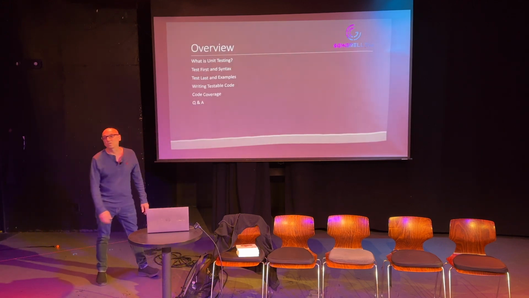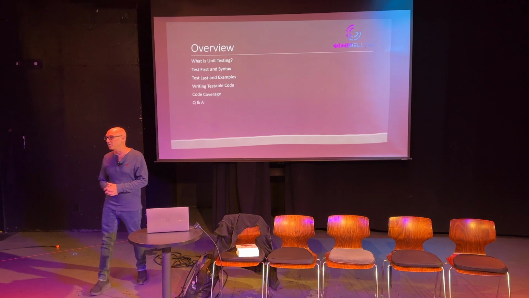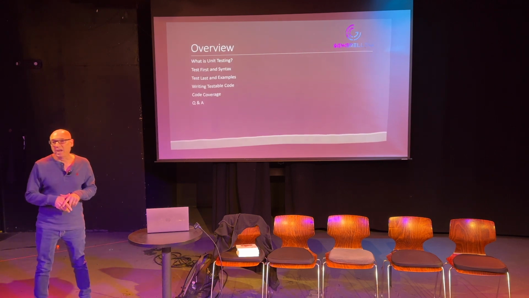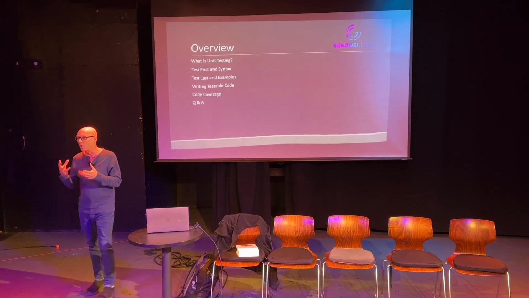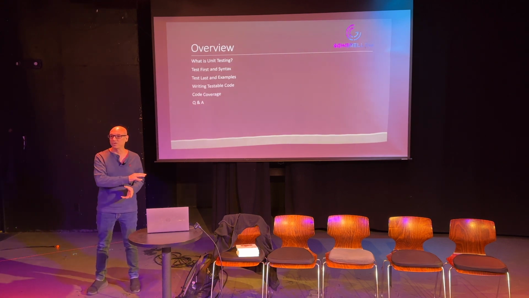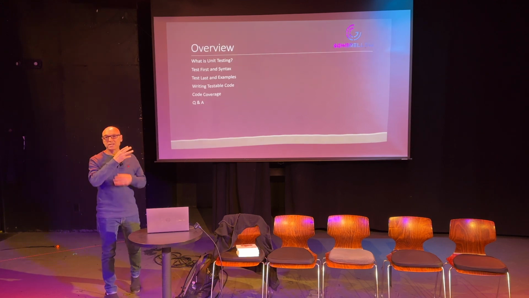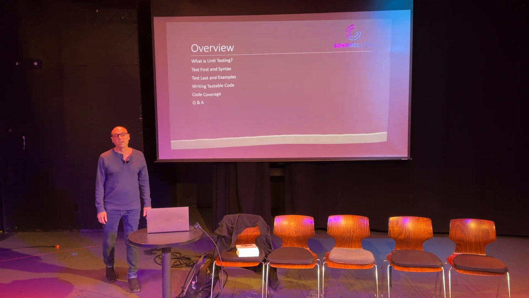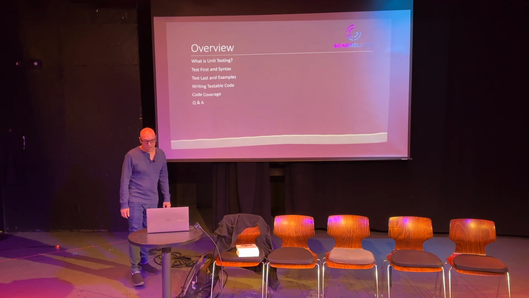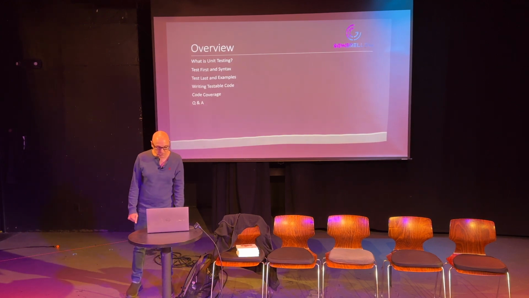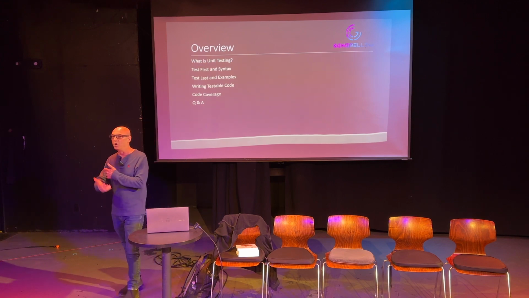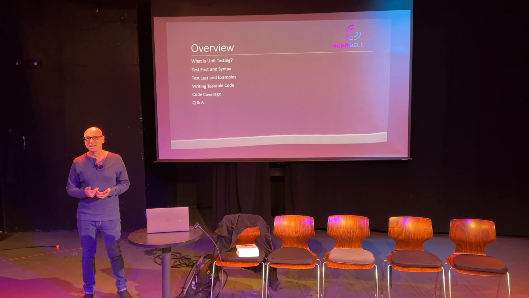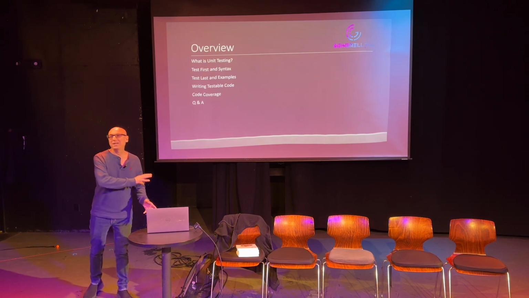So here's what I'm going to talk about. I'm going to talk about what is unit testing. And from there, I'm going to go into different types of unit testing. And I'm going to talk about one type of unit testing called test-driven development. And then I'll talk about unit testing afterwards. I'm going to follow up with some discussion about what is testable code. Because sometimes we'll write code, especially in the C# and .NET world, because it's strongly typed, but it isn't testable.